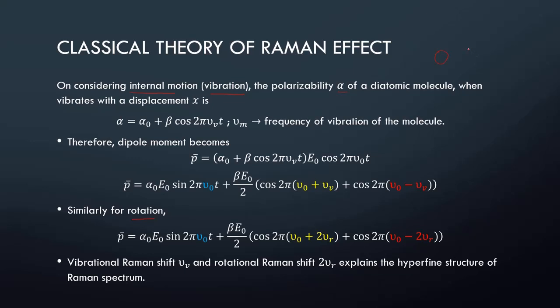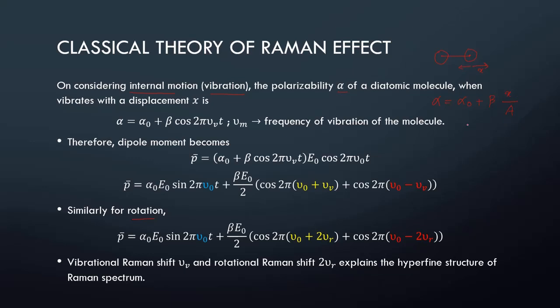For example, if this molecule is vibrating with a displacement x from its mean position, then the polarizability alpha can be written as alpha 0 plus beta into x, which is the displacement, with a being the amplitude of vibration.